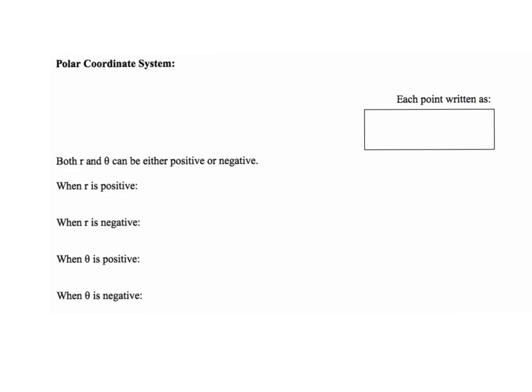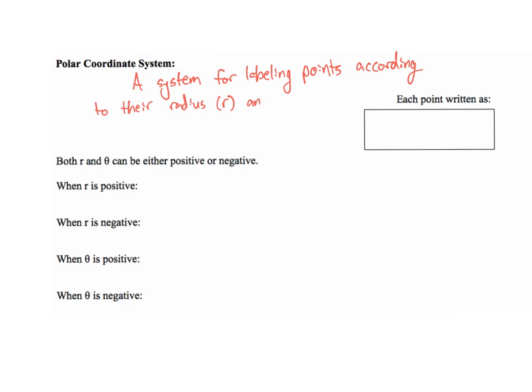Okay, to start off with, the polar coordinate system is a system for labeling points according to their radius, which we usually call r, and their angle, which we usually call theta.